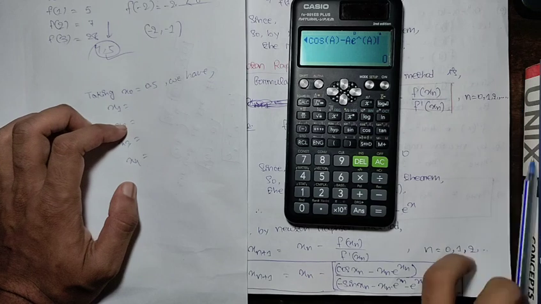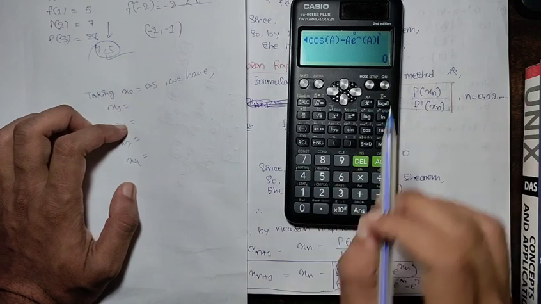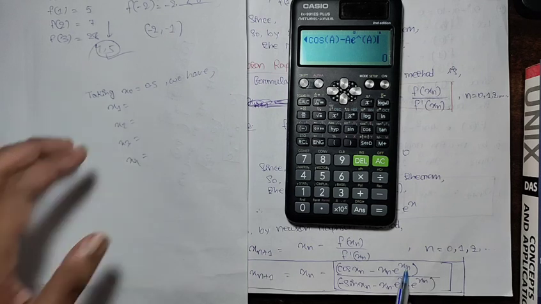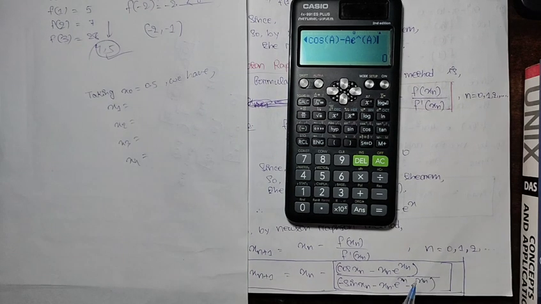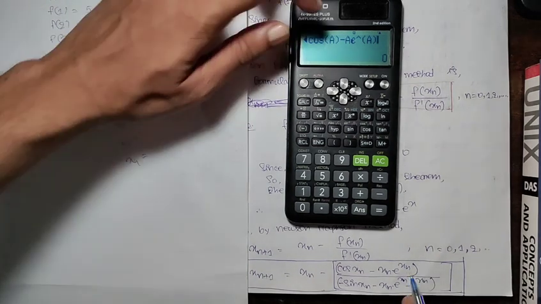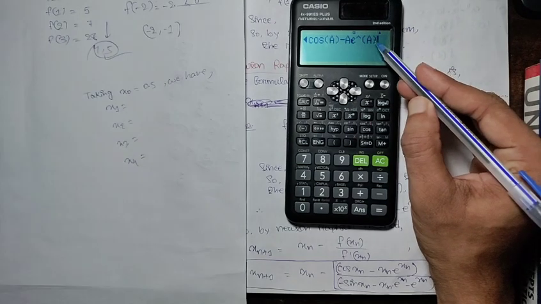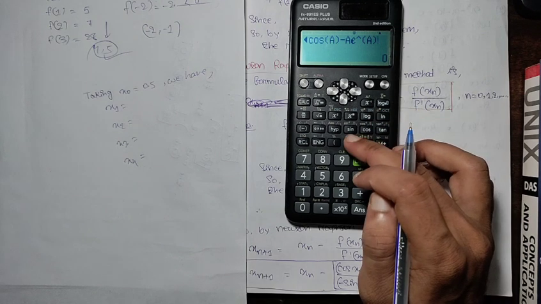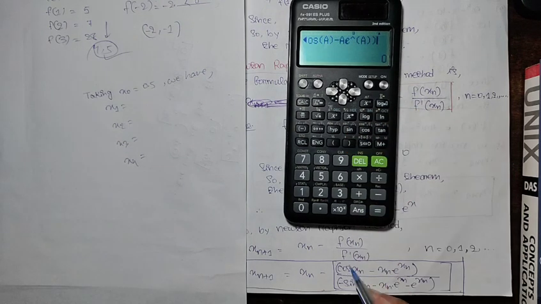You should type the brackets carefully, otherwise you get an error, that is a syntax error. Here the a is closed, that means the xn is closed, not this bracket. So for this bracket you should type a bracket here. Finally our numerator part is done.